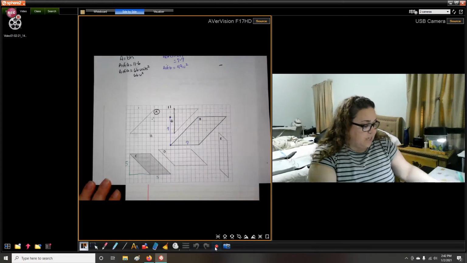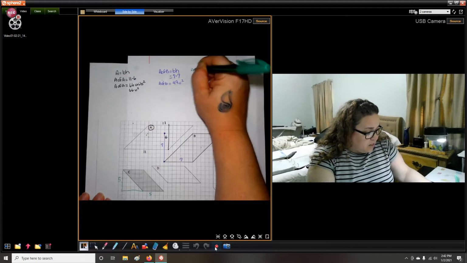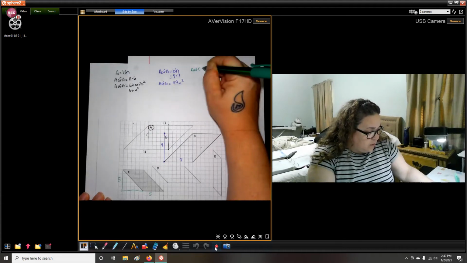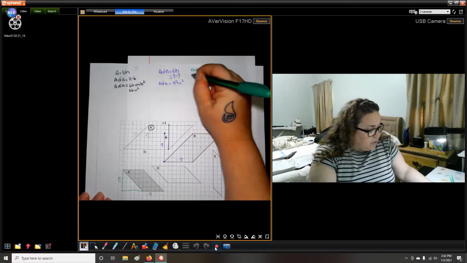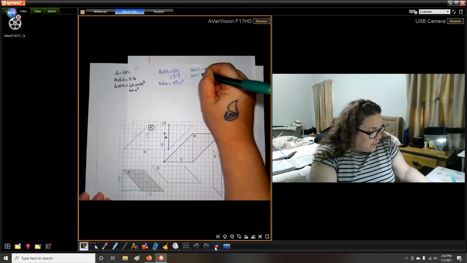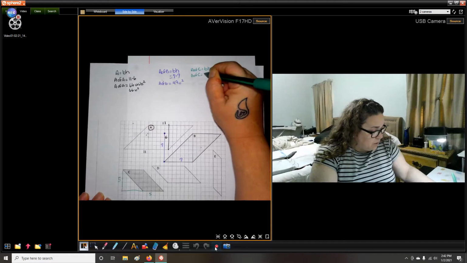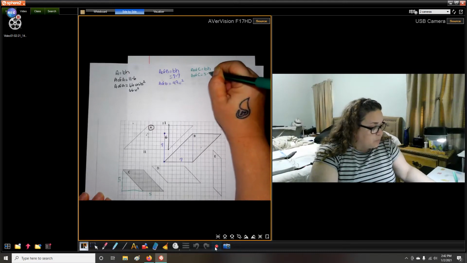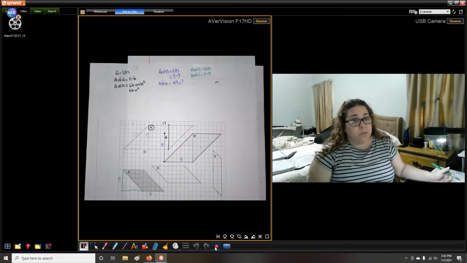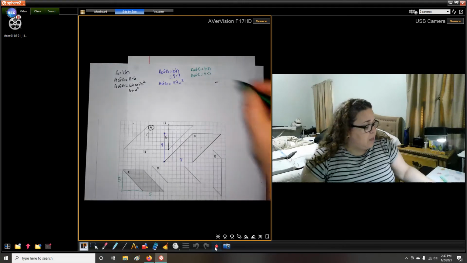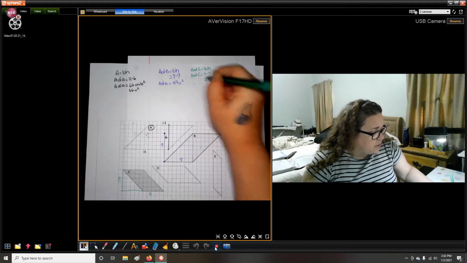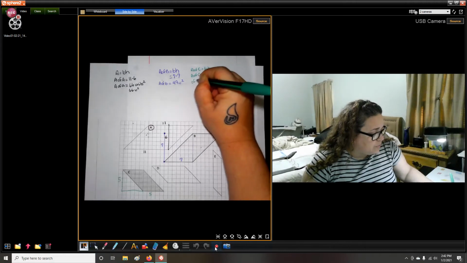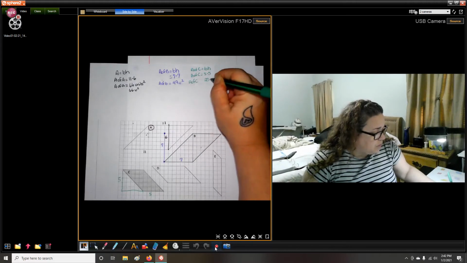So for C, area of C equals base times height. Area of C equals 5 times 5. Notice when I change it to numbers, I'm using a multiplication sign, okay? So that's going to be 25. So area of C equals 25 units squared.